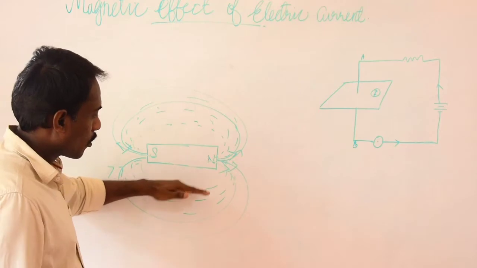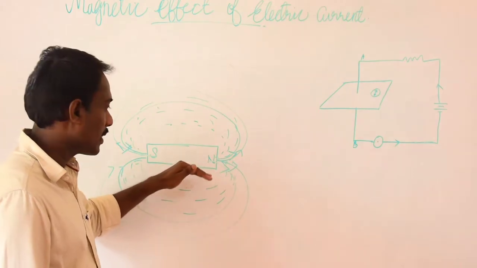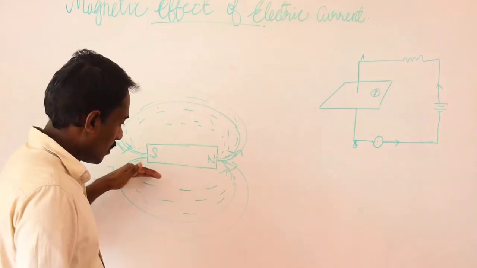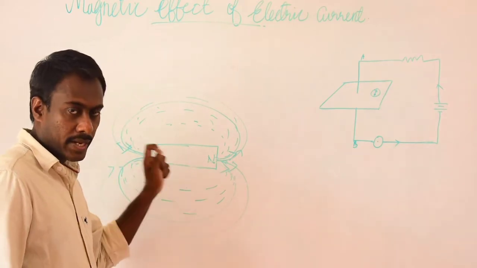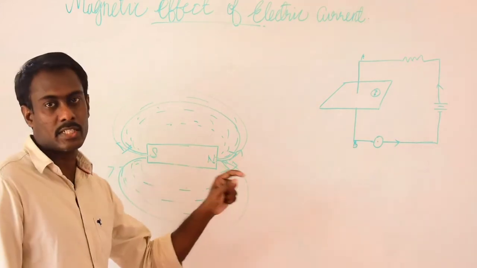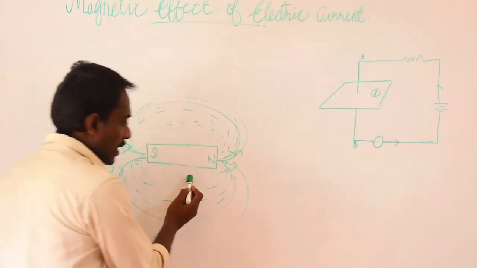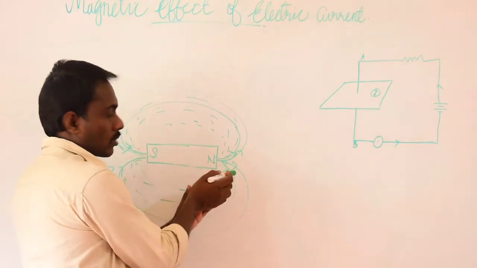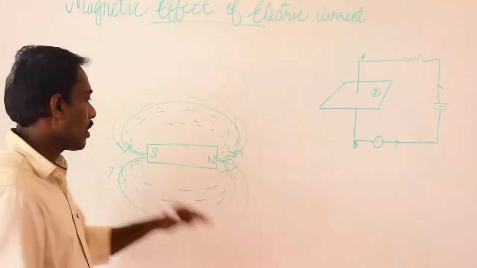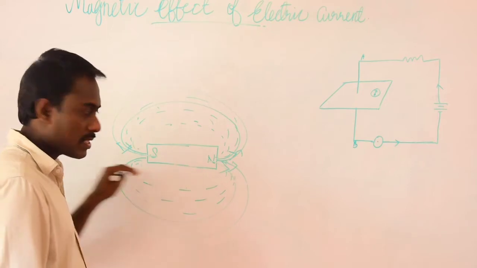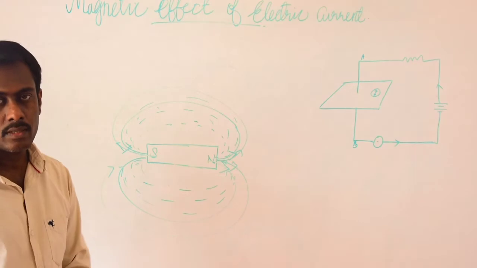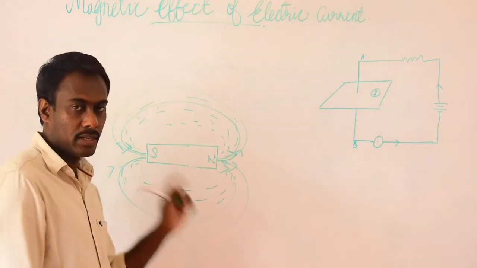If we bring a magnetic compass near this magnet, the needle of the compass always points in a north and south direction. The needle end that points towards the north is called the north seeking pole or north pole, and the end that points towards the south is called the south seeking pole or south pole of the bar magnet.